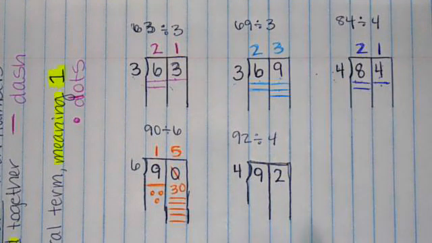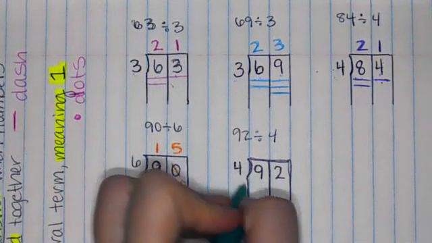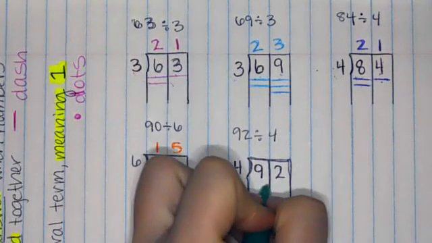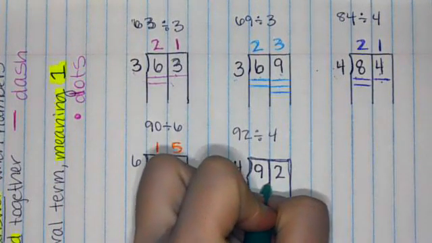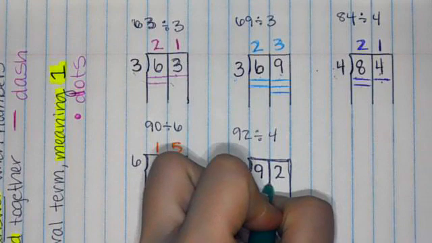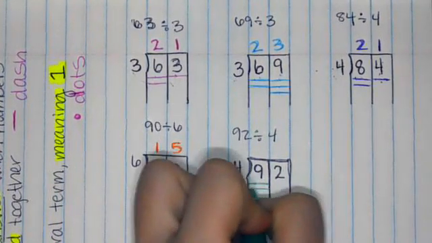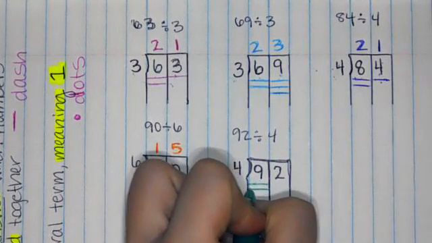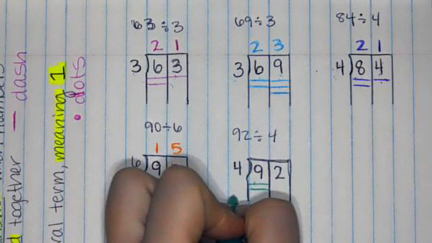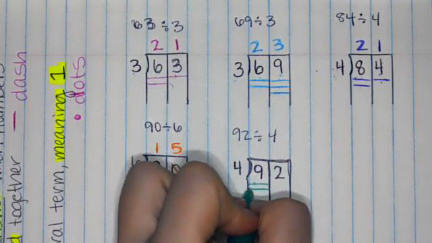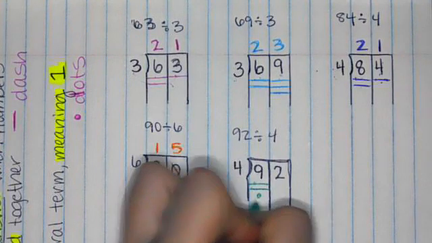I'm going to use the opposite, which is multiplication. 4 times 1 is 4. 4 times 2 is 8. I'm supposed to get as close to 9 as possible without going over. So I'm at 8. I cannot do another dash. That will take me too far. So 8, and then one more dot is 9.